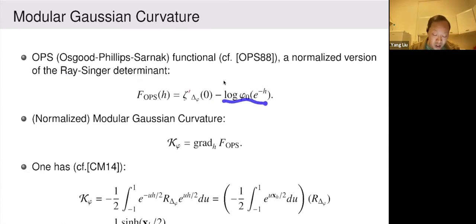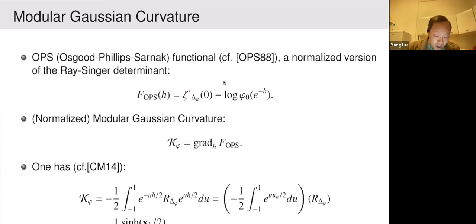By adding this term, this functional has a minimum and a maximum, I think. By this analogy with the classical result on Riemann surfaces, Connes and Moscovici took the gradient of this functional as a definition of curvature.